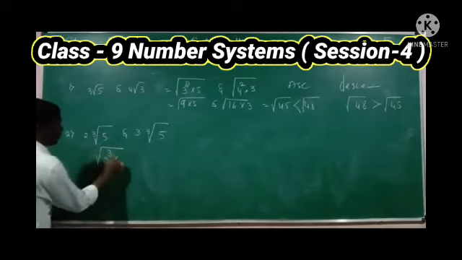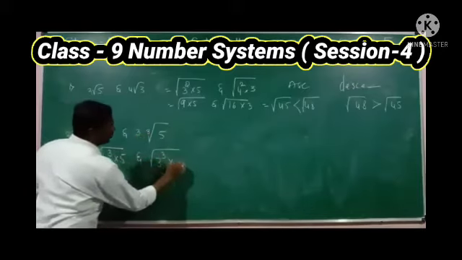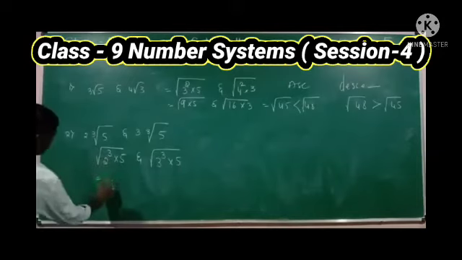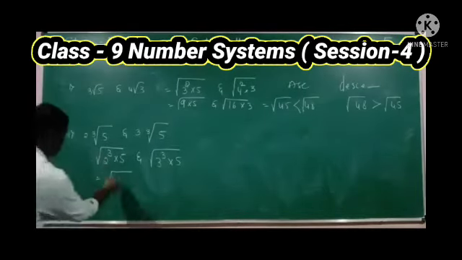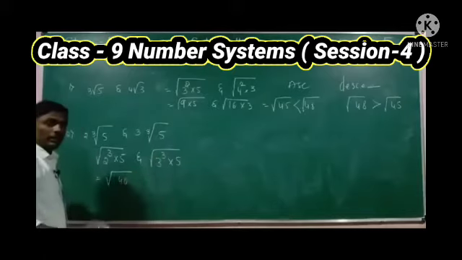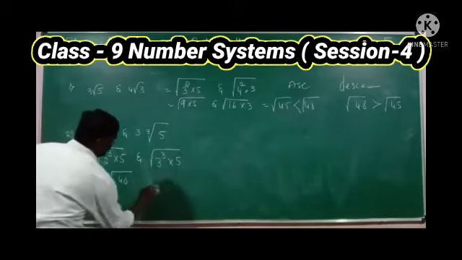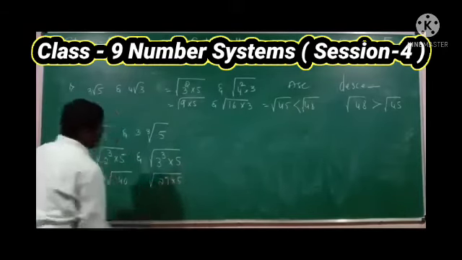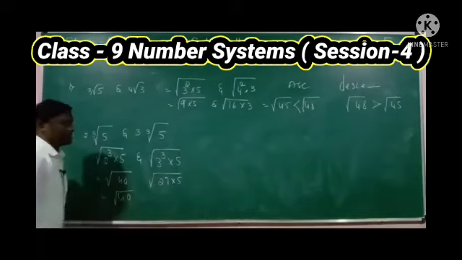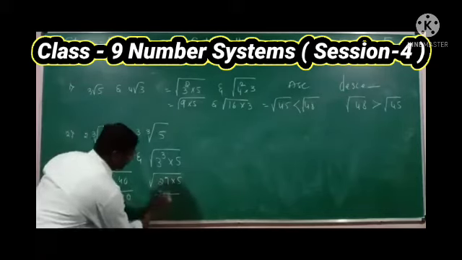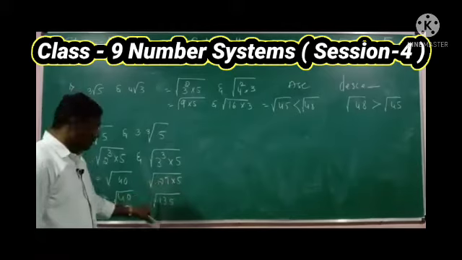So cube root of 2 cube into 5 and cube root of 3 cube into 5. 2 cube is 8, so 8 into 5. 2 cube means you need to multiply 2 three times. 2 2s are 4, 4 2s are 8, 8 5s are 40. 3 cube is 3 multiplied 3 times: 3 3s are 9, 9 3s are 27. So 27 into 5, that is 135.